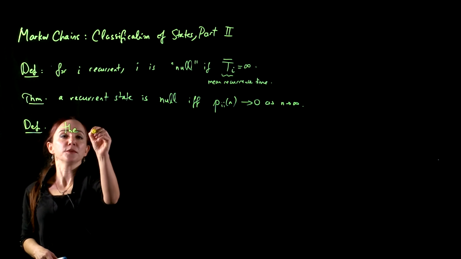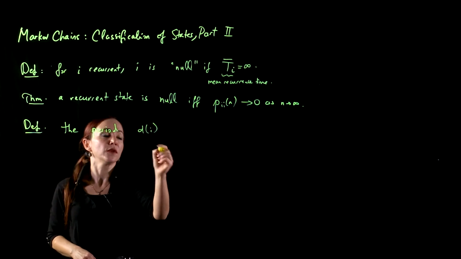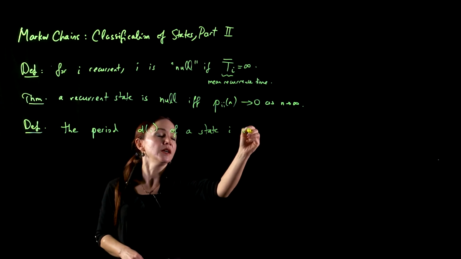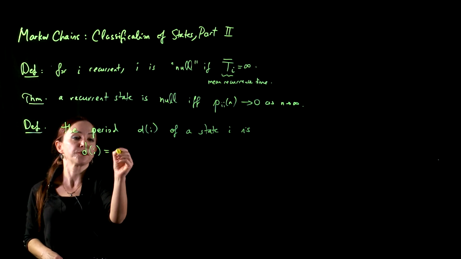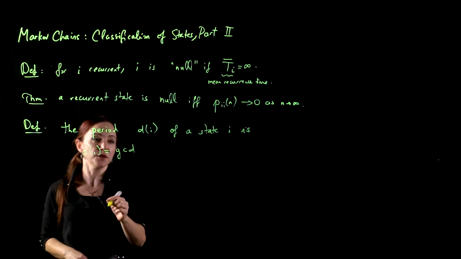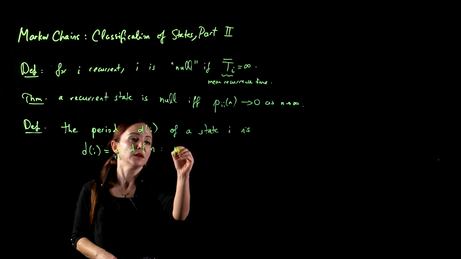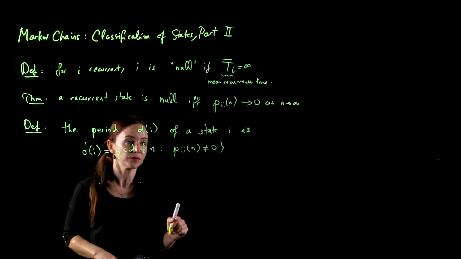The period d of i of a state i is defined as the greatest common divisor of values of n such that p_ii of n is different from 0.